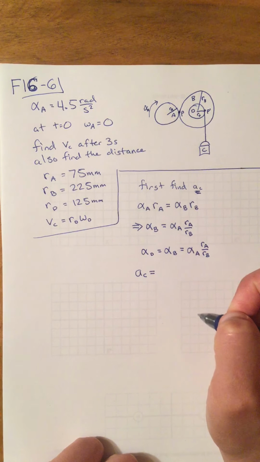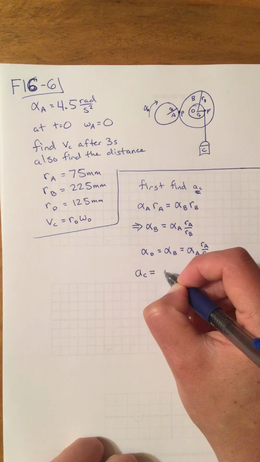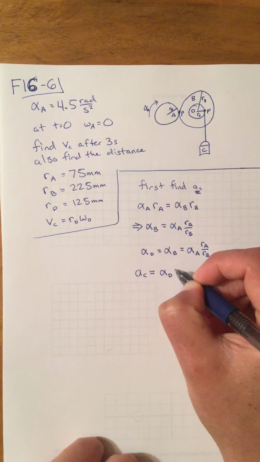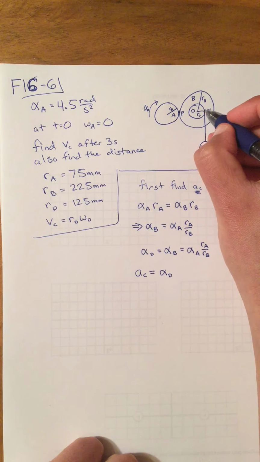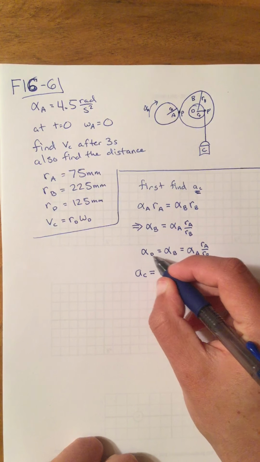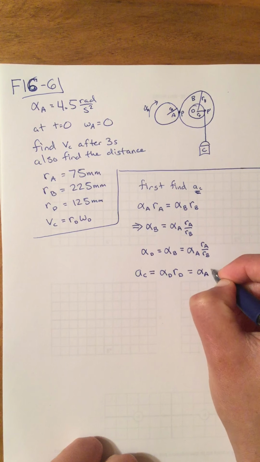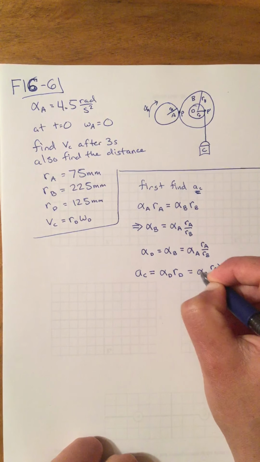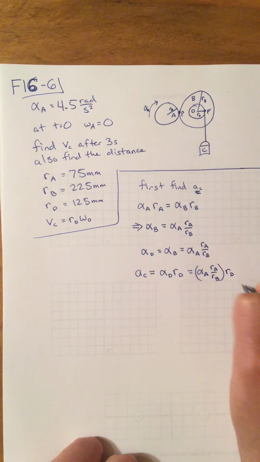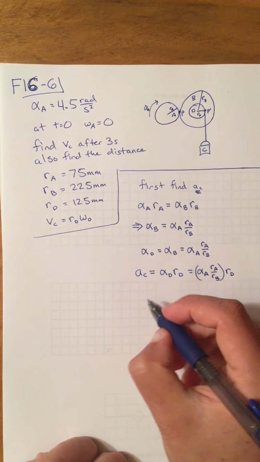Using the acceleration of D to get that, that would be the angular acceleration of D times this distance from here to here, that's RD. But the angular acceleration of D is angular acceleration of A times RA over RB, and this is times RD. So all of that will give me the acceleration of point C.